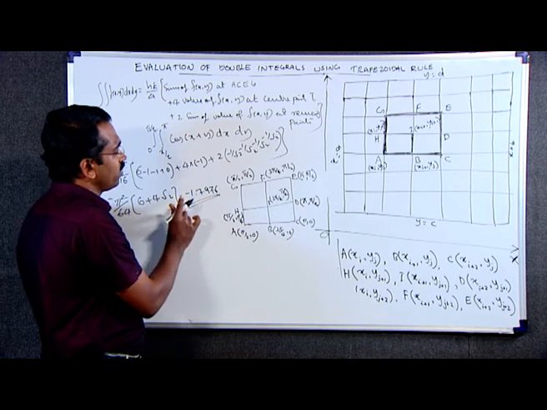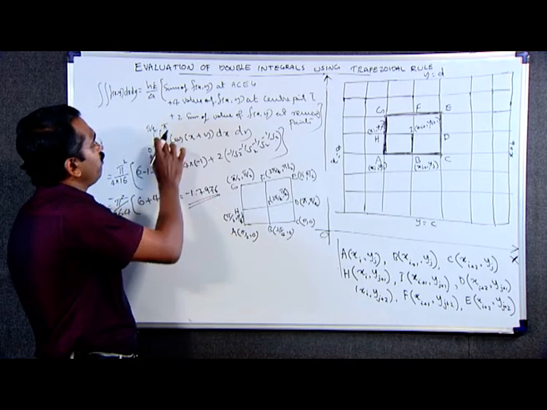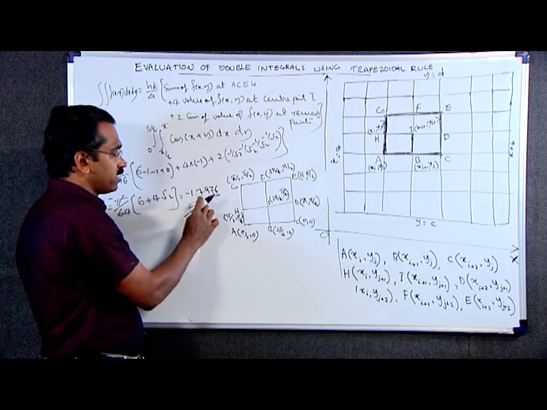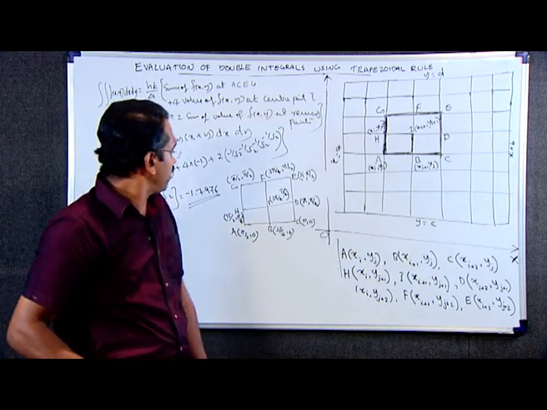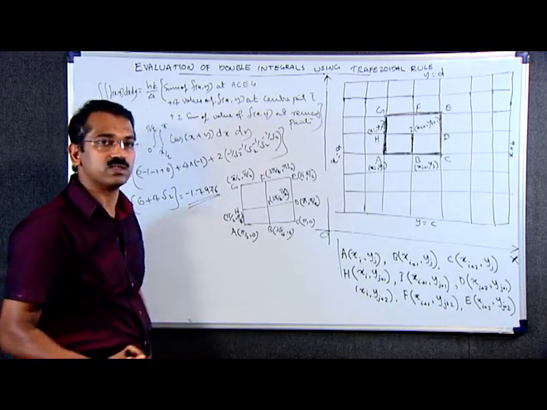This is the approximate value of the required double integral.